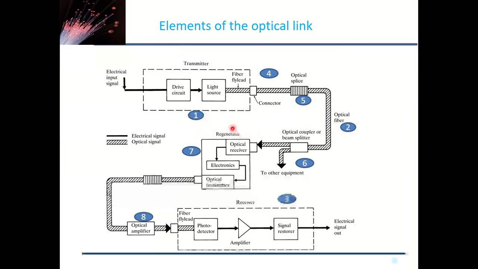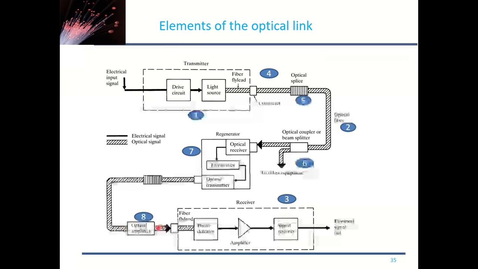Hence the regenerator first receives the optical signal and converts it into an electrical signal. This signal can be processed, regenerated, and again that regenerated signal is converted into an optical signal by using the optical transmitter, which consists of the optical source, and then it is connected to the fiber. Such a regenerated signal is then given to the optical amplifier. So the optical amplifier is a device which can amplify its input signal.